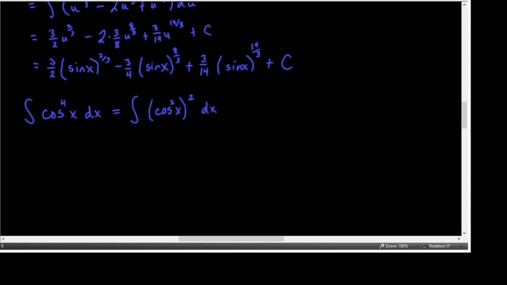But this time, instead of replacing with 1 minus sine squared, which won't do us any good in this problem because we still wouldn't have a du, we're going to use the other identity I mentioned, the power reducing one, and cosine squared is 1 plus cosine of double whatever the angle is above. So 2x divided by 2, quantity squared dx.